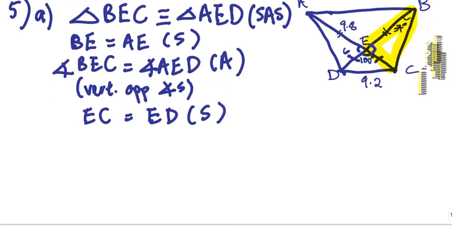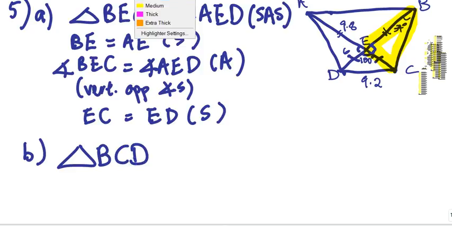Next, part B. We want to find the triangle that is congruent to triangle BCD. So let me use a different color to highlight the triangle. Now we are looking at triangle BCD here. Alright, what do we know about triangle BCD?